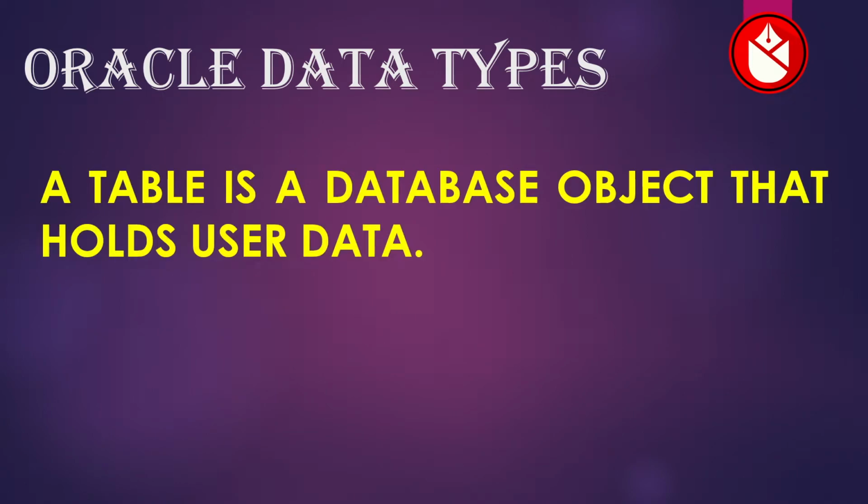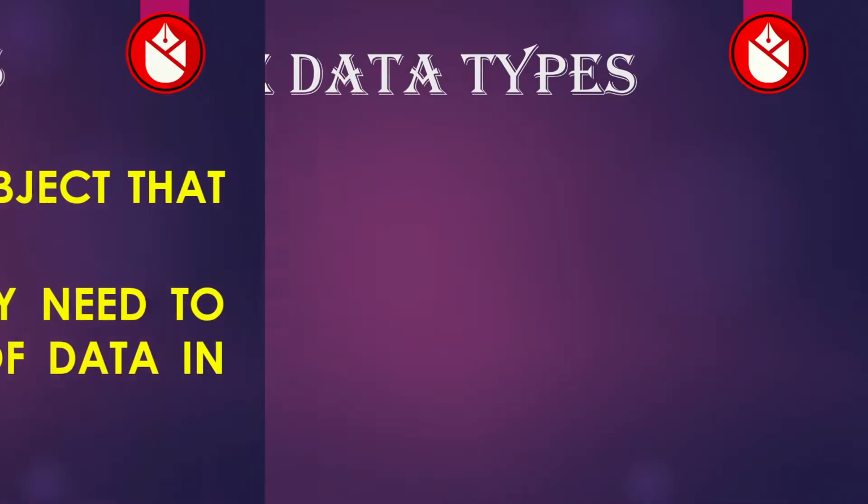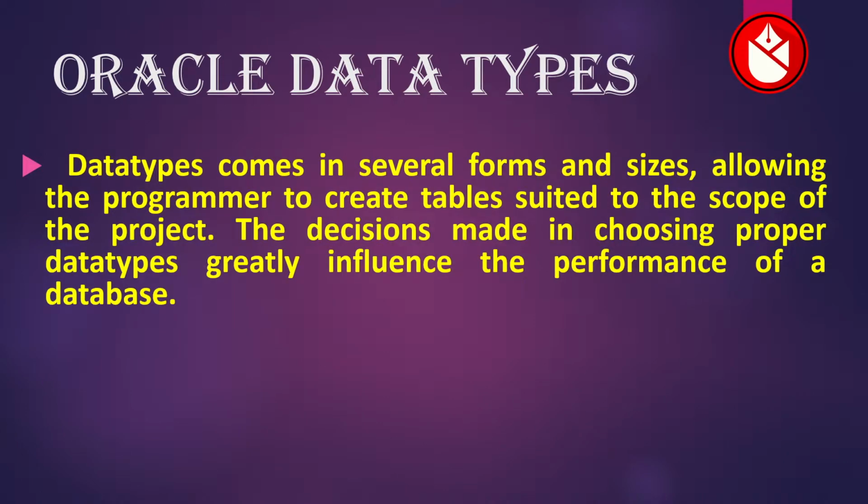A table is a database object that holds user data, and a data type is needed to store a particular type of data in any record. Data types come in several forms and sizes, allowing the programmer to create tables suited to the scope of the project.